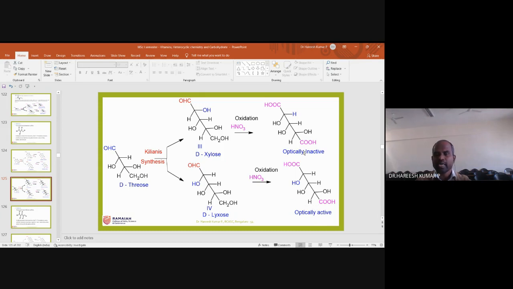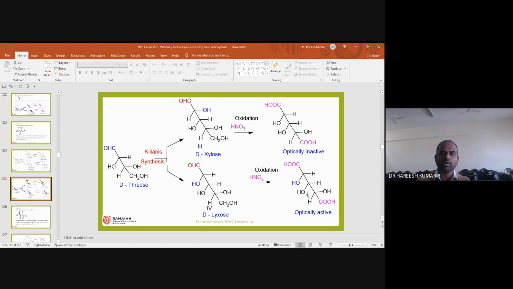The optically inactive one is so because of the presence of a plane of symmetry passing through this carbon atom, while this moiety does not have a plane of symmetry, which is the reason it is optically active. So this is about the determination of structure of aldopentoses.